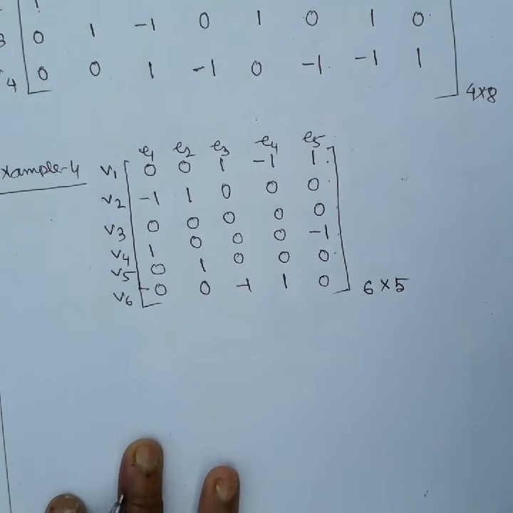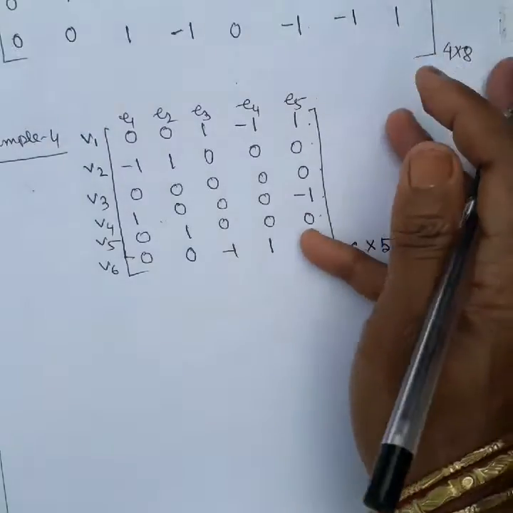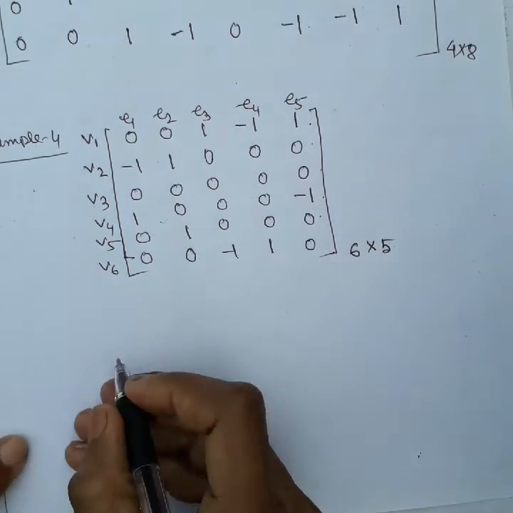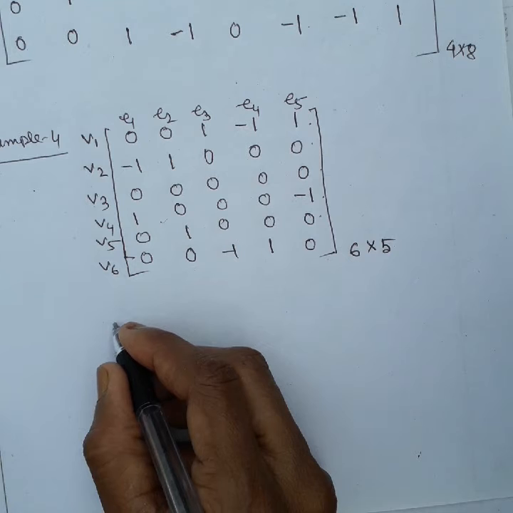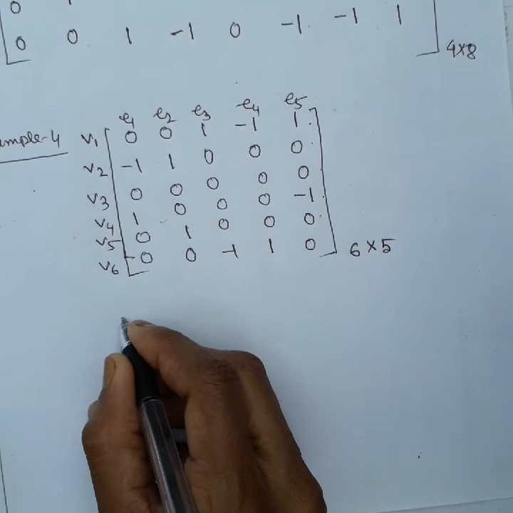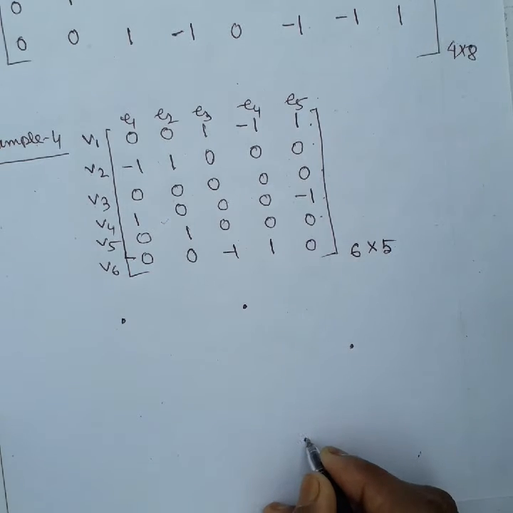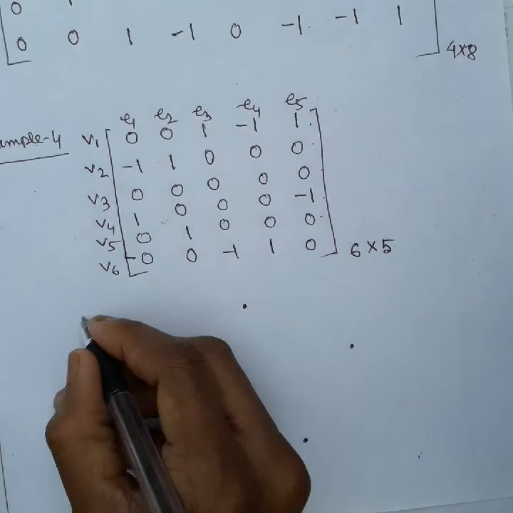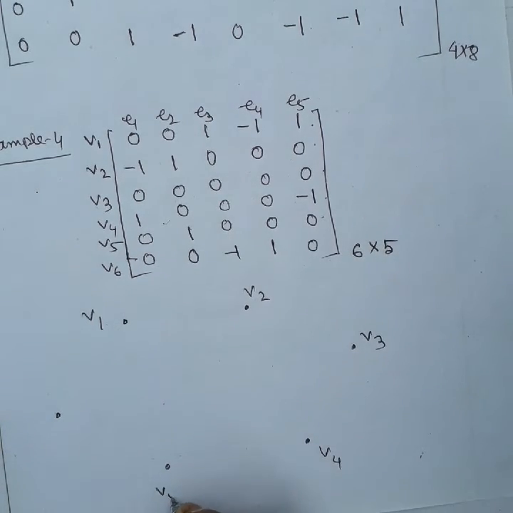Okay, so we can draw the diagram here. V1, V2, V3, V4, V5, V6.